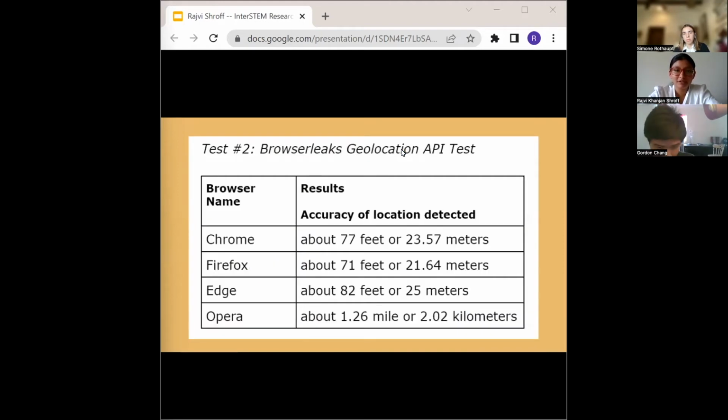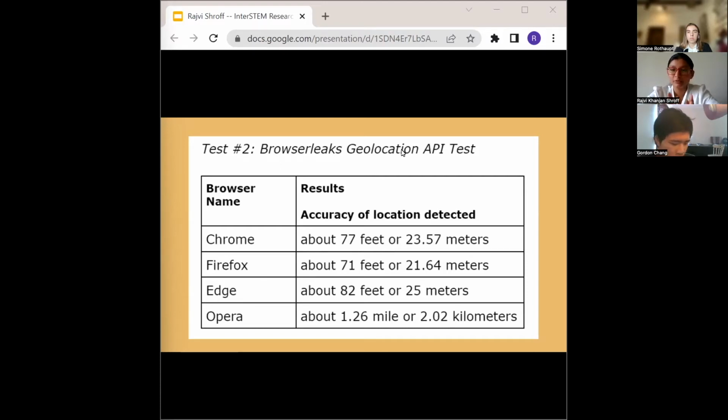Moving on to the second test with browser leaks, in terms of greater accuracy to lesser accuracy, it was Firefox, then Chrome, then Edge, and Opera. However, in terms of privacy, coming in last is actually preferred.